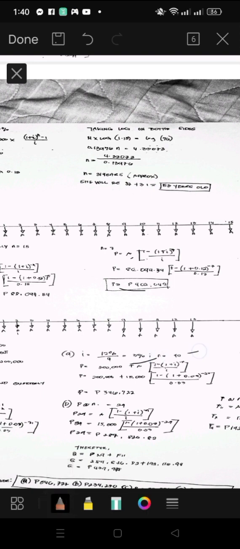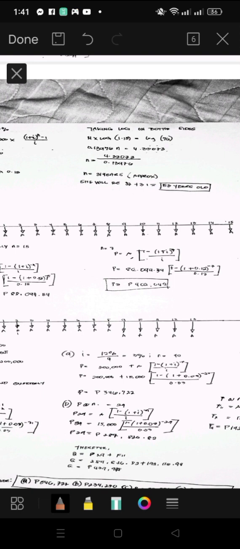Substituting, P is equal to 200,000 plus 15,000 quantity of 1 minus 1 plus 0.03 raised to the power of negative 40 over 0.03.